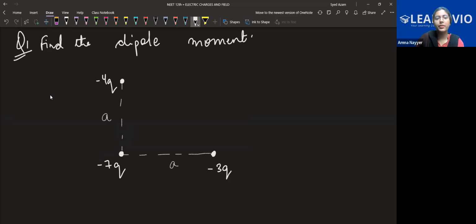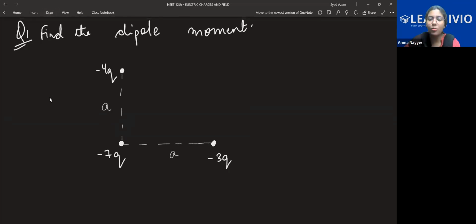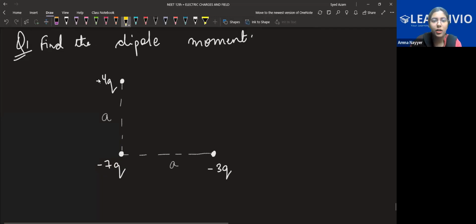Now see, in this question, we have to find out from 7q, we have to make up our dipoles. So what all possibilities are present? How should we make this 7q? We have to split it like the previous question. For plus 4q, what is essential?